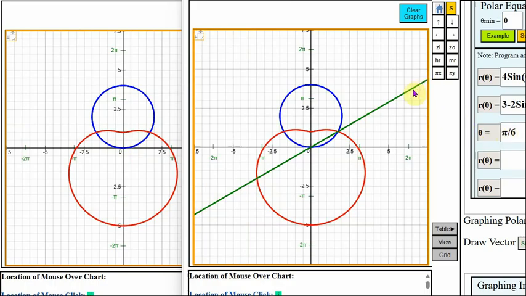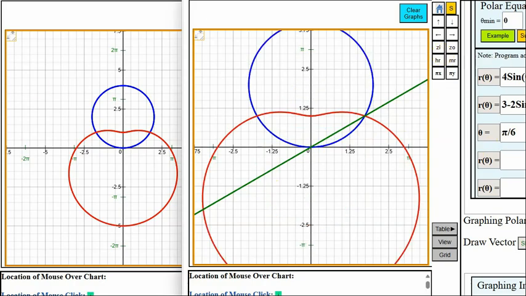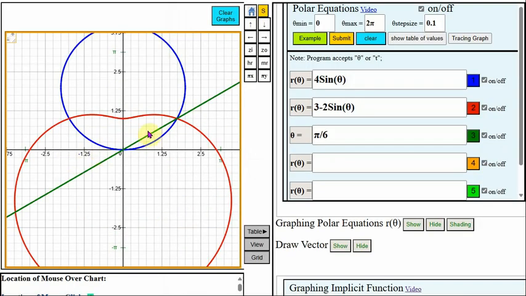What we can do is find the area between this line and the circle, and then find the area bounded between the line theta equal to pi over 6 and the graph of the cardioid, r equal to 3 minus 2 sine of theta.